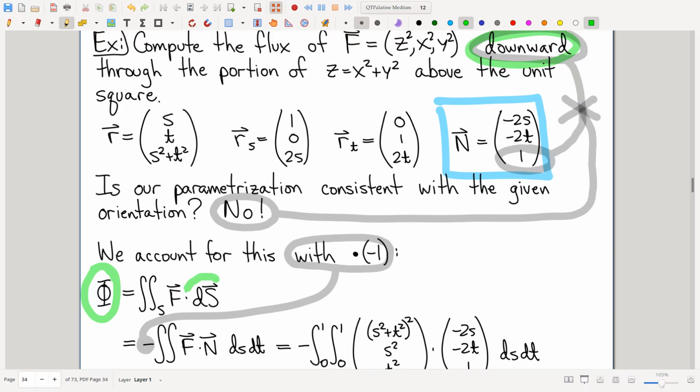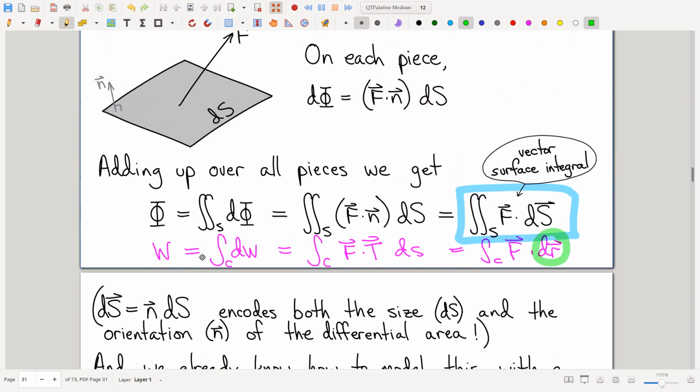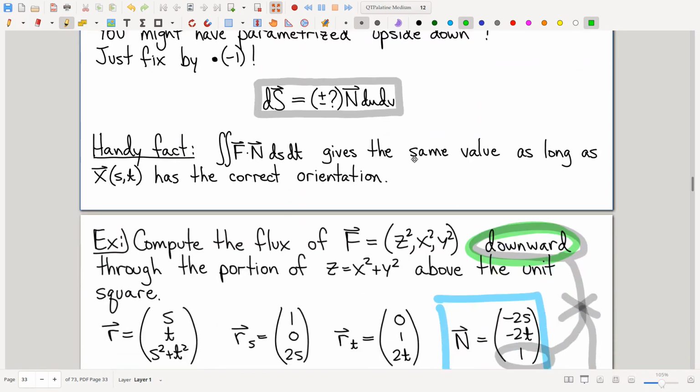Rewriting it with a ds vector, let me remind you, the ds vector uses the given surface orientation. So those are oriented the same.